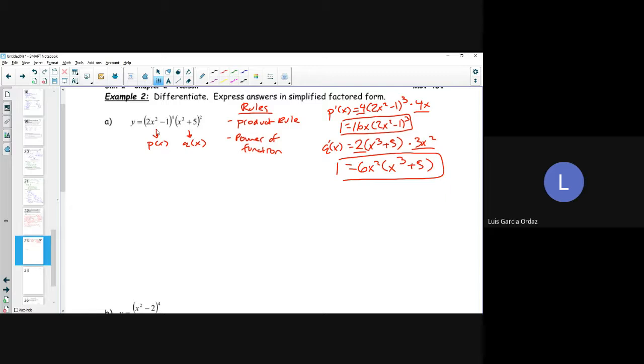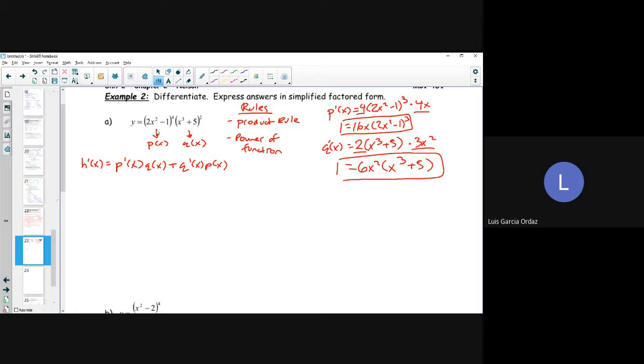Okay, perfect. Now what you can do is use your product rule, which states that the derivative of h of x is equal to the derivative of p of x times q of x plus the derivative of q of x times p of x.